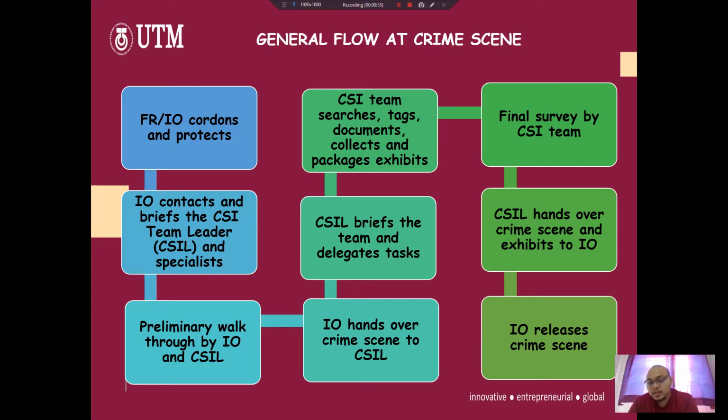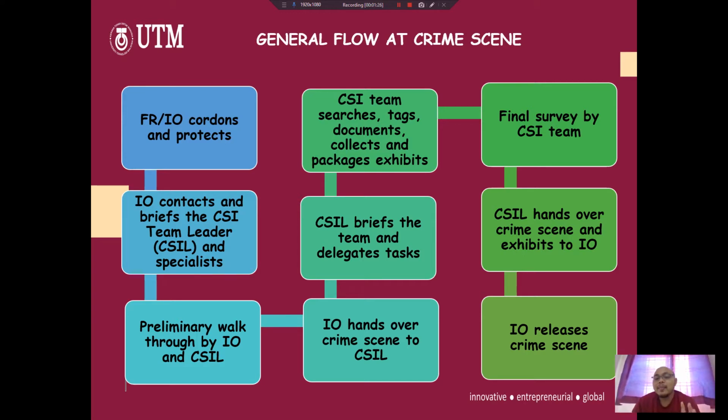For example, if the question appears, please describe the flow at the crime scene, you need to understand the flow. First, the first responder and IO will protect the crime scene. Then the IO needs to contact the CSI team leader to come to the crime scene. After the CSI Team Leader arrives, the IO will brief the CSI Team Leader.